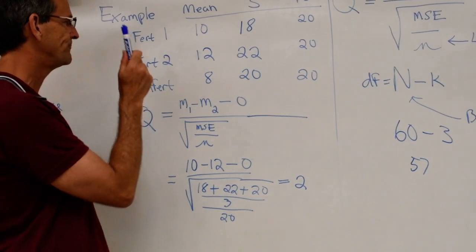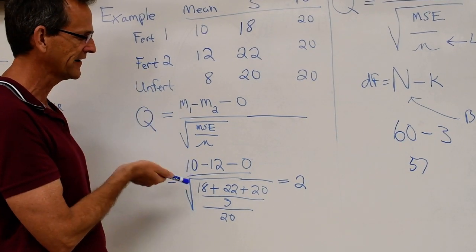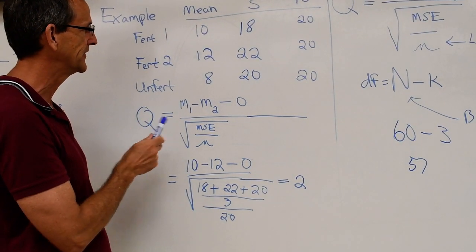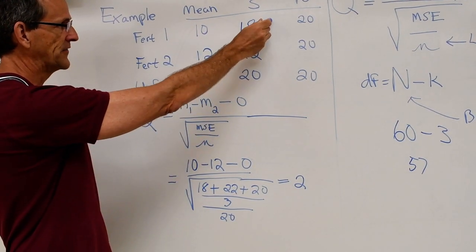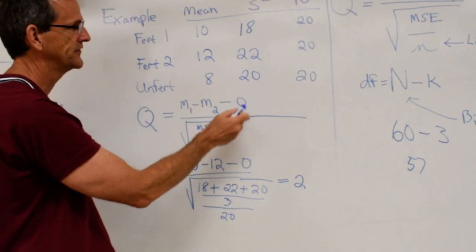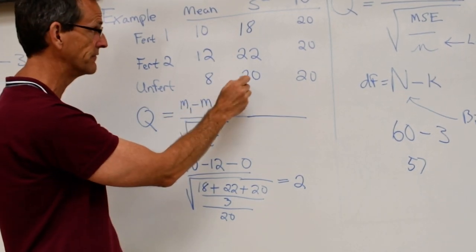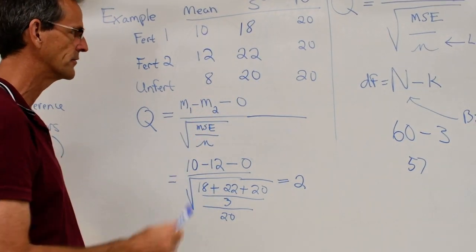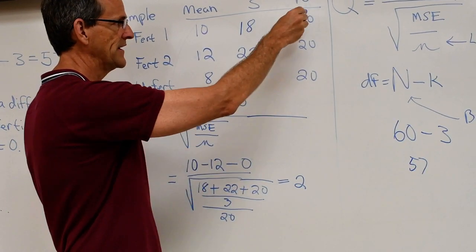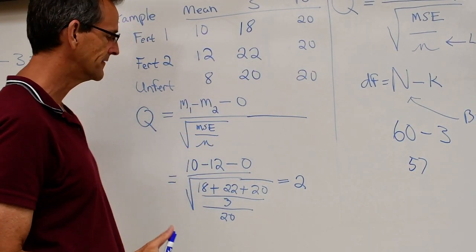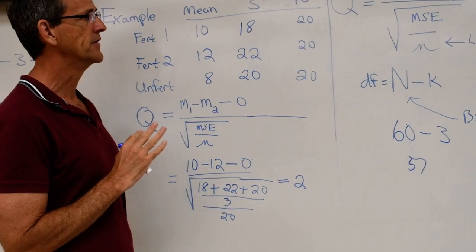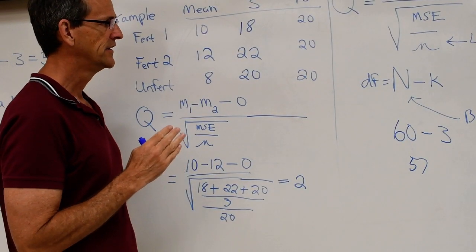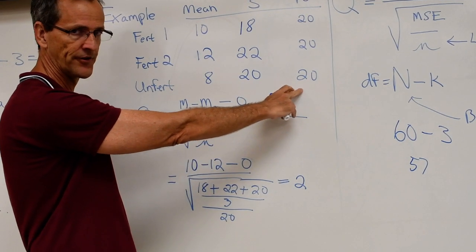All right, so what we need to calculate the Tukey statistic is we need to tabulate our means. We need to get the variances, all right? So not the standard deviations, the variances, because it's easier to put it in here. And then we need to know what the sample sizes are. So you have to be able to do this by hand when the sample sizes are equal.